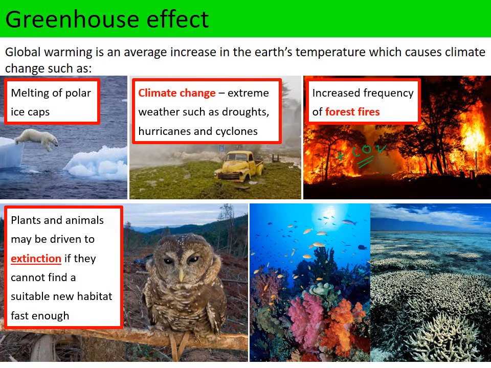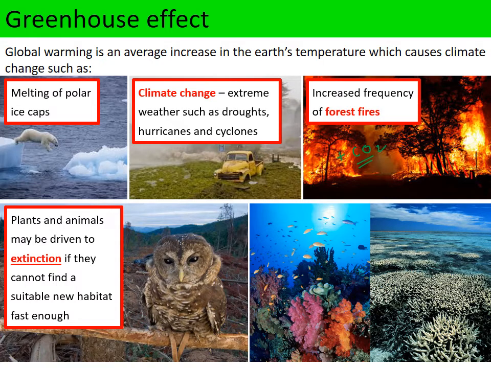Now, we know plants and animals may be driven to extinction if they cannot find a suitable habitat fast enough. So we know natural selection would normally kick in. Individuals with beneficial characteristics might be able to survive if they can move away from this area of devastation quick enough and find a suitable habitat to which they can adapt, because we know deforestation, for example, is a selection pressure.